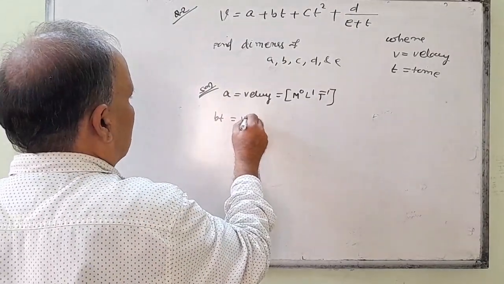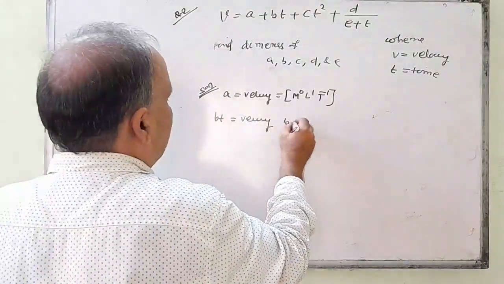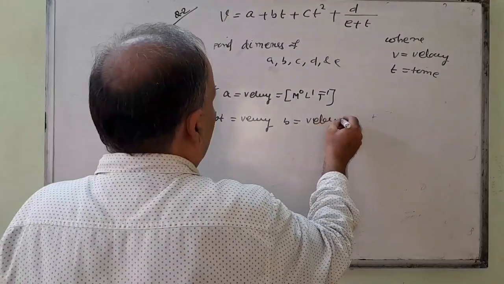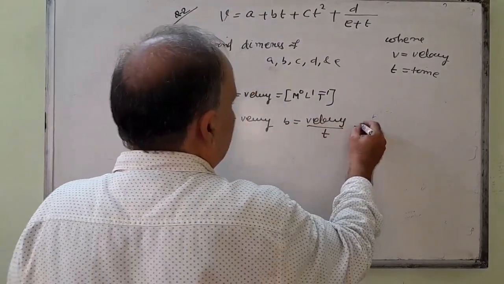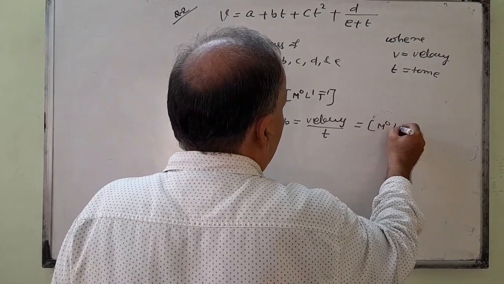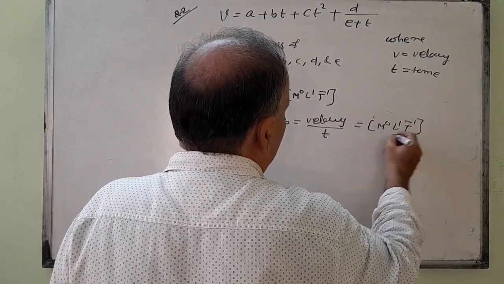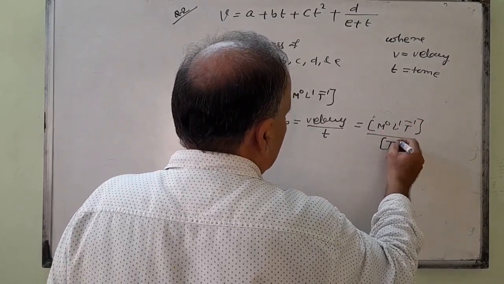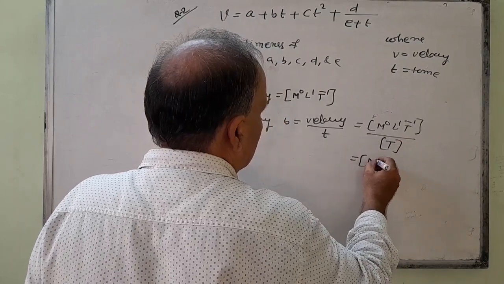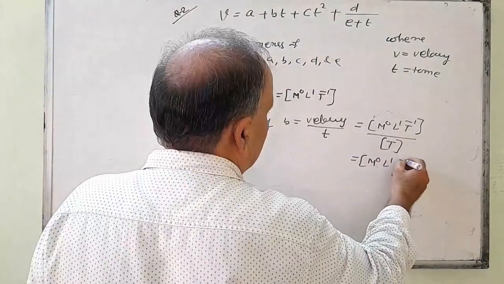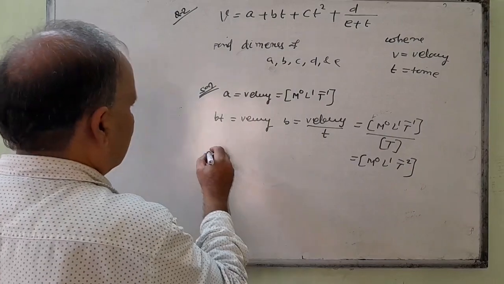BT is equal to also velocity, or B is equal to velocity by time, that is M0 L1 T to the power minus 1 by T. That is your what? M0 L1 T to the power minus 2.